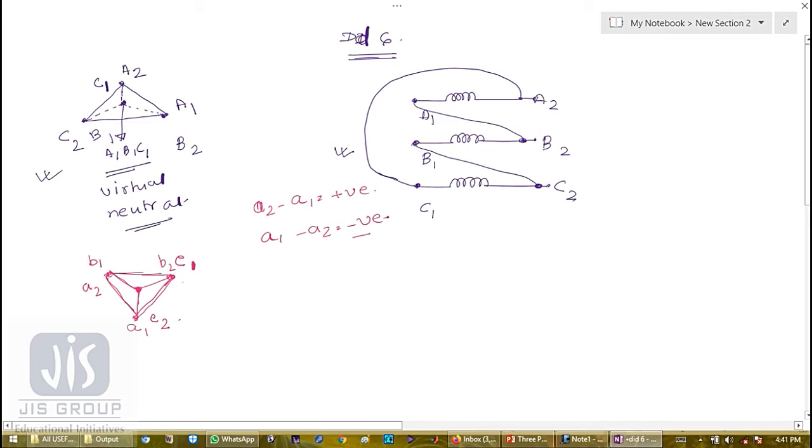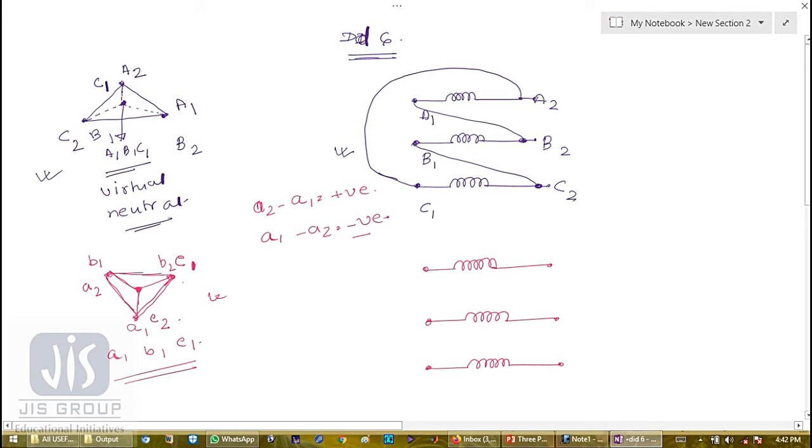Now let me draw the winding connection diagram. Let me draw this first winding, then the second, and this is my third. So on the secondary side, the load terminals are brought out from A1, B1 and C1.